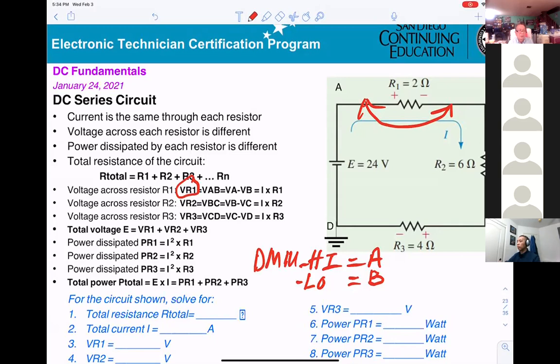Okay. So that's why I say the voltage across resistor R1, VR1, will be equal to current I times R1. That's Ohm's law. VR2, the voltage dissipated on R2, will be I times R2, and the same for VR3.